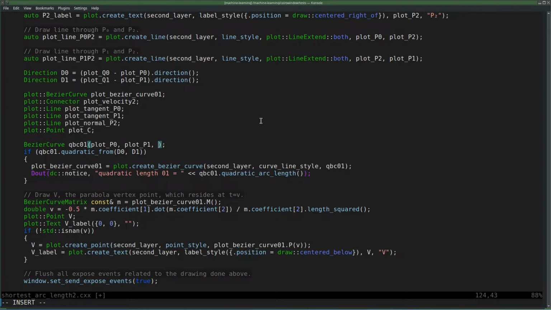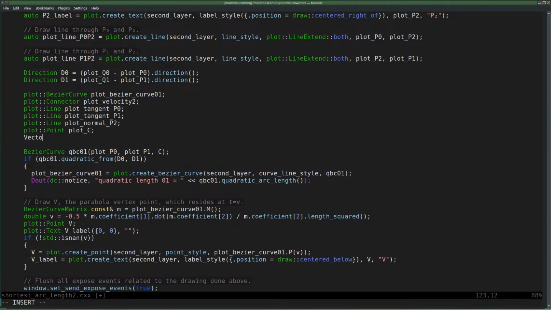I don't have a plot point. Just fill in C. Can't type. Vector C.